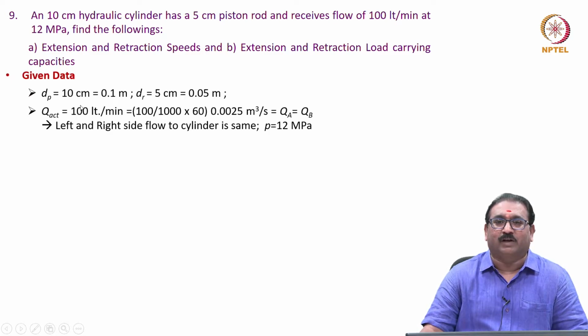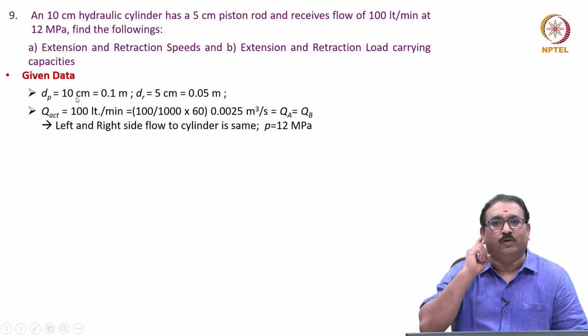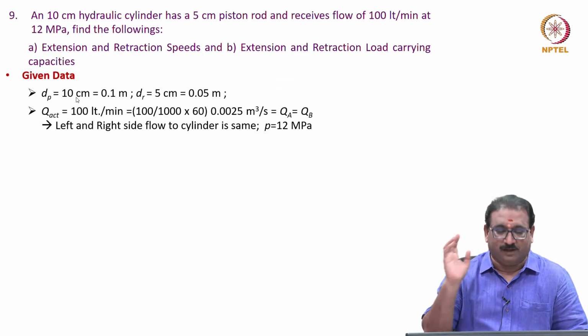In all problems you will try to list all the given data. Here dP, diameter is 10 centimeter, but you will convert all into the single unit, that is meter. Then I am converting here 0.1 meter, then rod diameter 5 centimeter, again divided by 100, it will give us 0.05 meter.